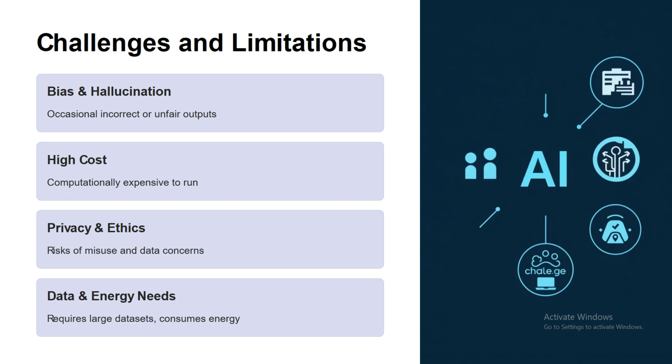That's why these things may happen. High cost. An LLM model is very costly. Privacy and ethics. Data can be shared. Data and energy needs. They require a large data set and consume energy. In the images you can see and understand as well.